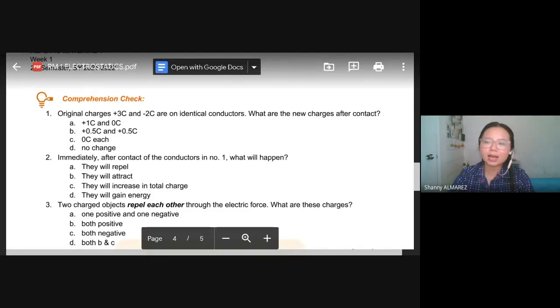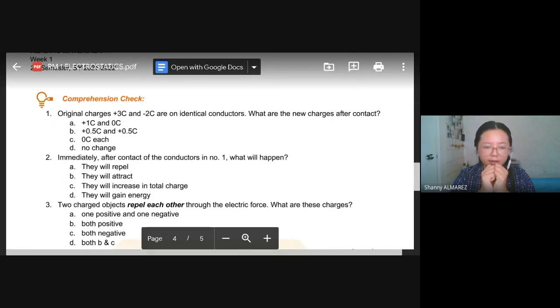So, that is one characteristic of charging by conduction. At the end of the process, 2 different objects will have equal and the same amount of charges. Nakuha? So, nagkakaroon siya ng equilibrium. Okay? So, nagkakaroon ng redistribution of charges.